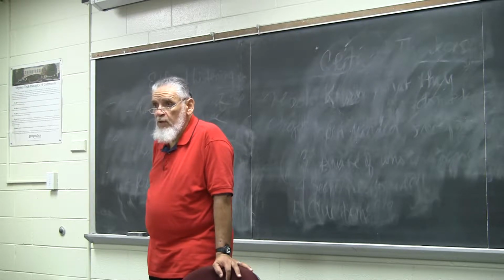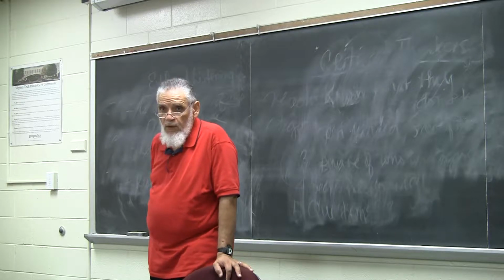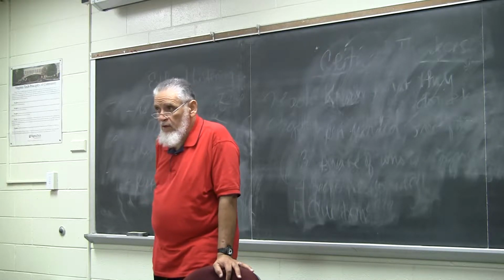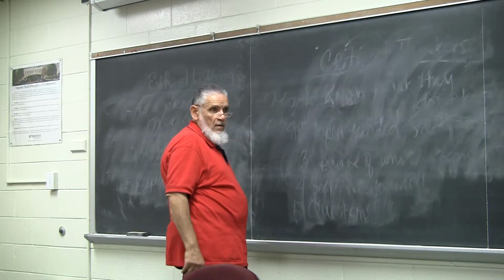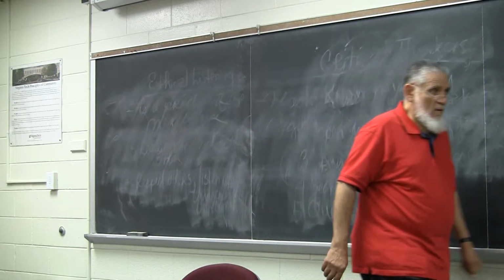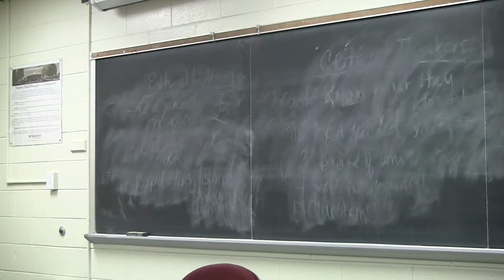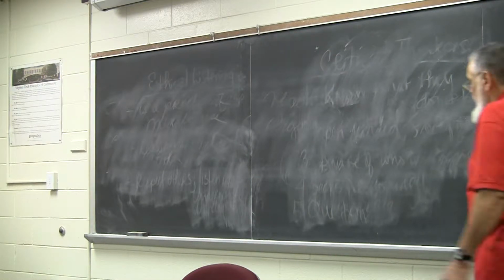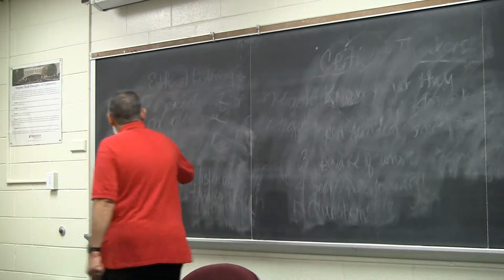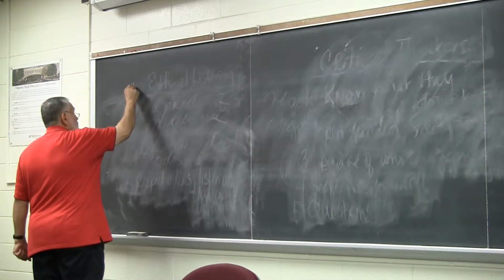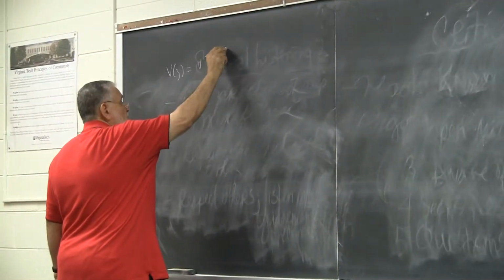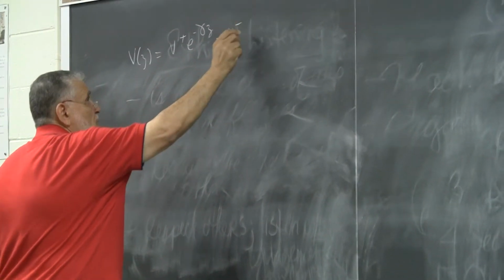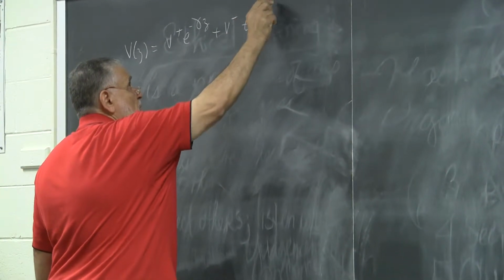The solution that we discussed was only for the voltage wave. So we wrote only the V part. So the solution was V of z equals V plus e to the minus gamma z plus V minus e to the plus gamma z.